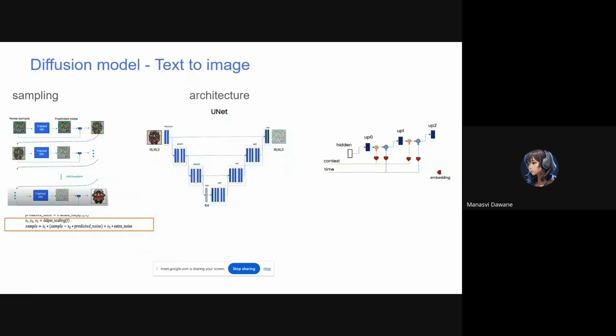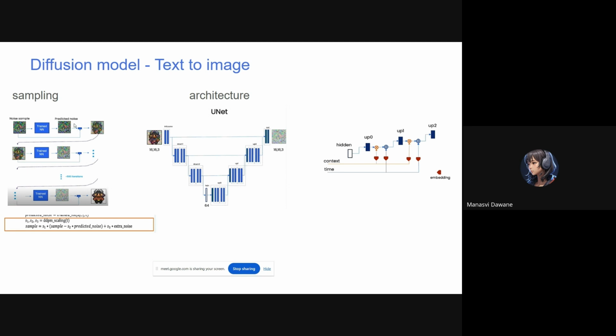Next, what actually goes on? Here I'll explain sampling, which happens after you have trained the model by adding noise. This is the reverse diffusion where we take this fully noise-generated image and pass it to the trained neural network, and we get a predicted noise image from that model.